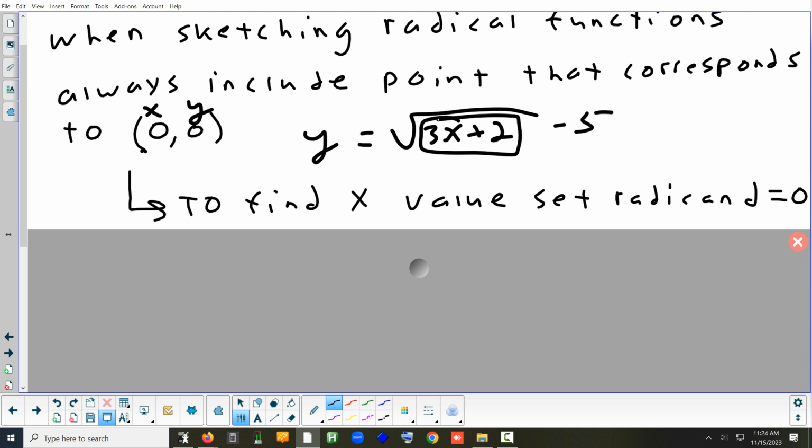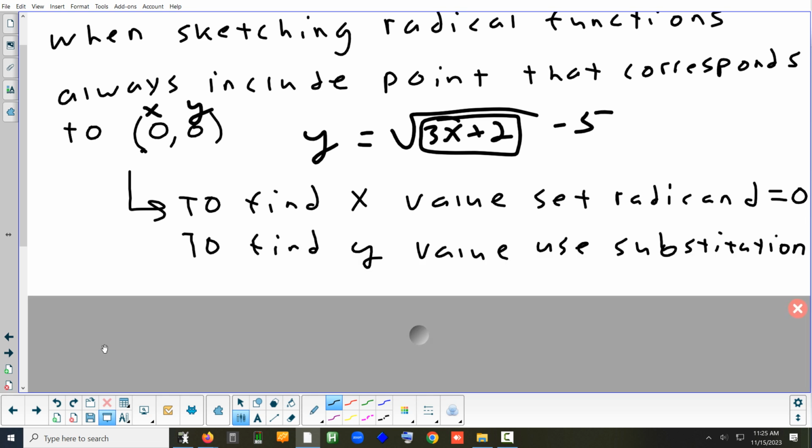That'll tell you where the x value goes. Now, once you know the x value, let's say the x value came out to 4. All you have to do is take 4, plug it back in for x, and then you have the y value. So take your x value, substitute it back in, and your formula will give you the y value.